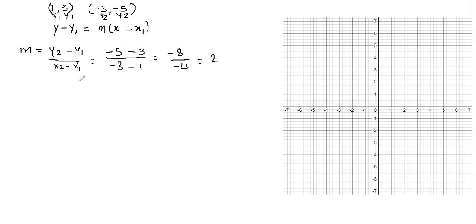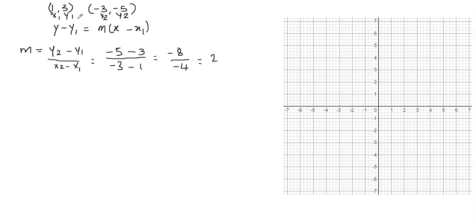Now for writing the equation of a line, we discussed that if we want to use the point-slope form, we need a point and we need the slope. Well, we found the slope and we're also given 2 points. Now which point do we choose? It really doesn't matter which point you choose because both points are on the line, so you can choose either one of them.